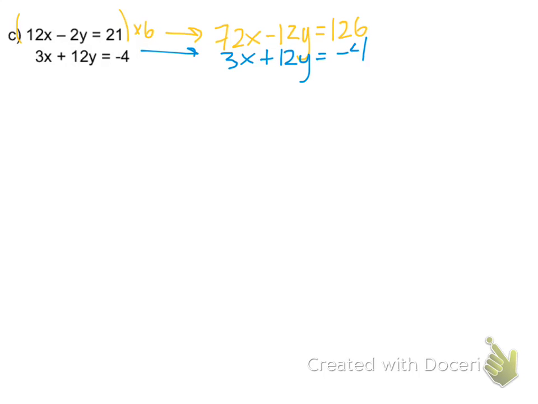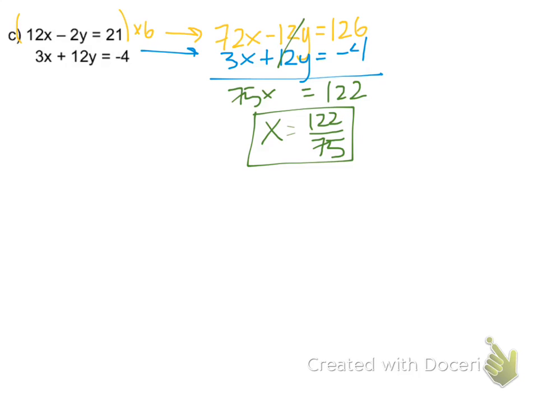And so when we add both equations together, 75x equals 122, we get x equals 122 over 75. I don't know what decimal that is, but whether it's a decimal or a fraction, it's a rather nasty term to substitute back into the other one. So I think in this case what might be easier is let's just use linear combination again.